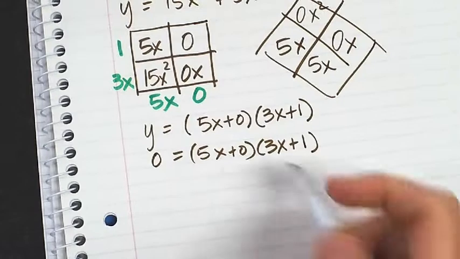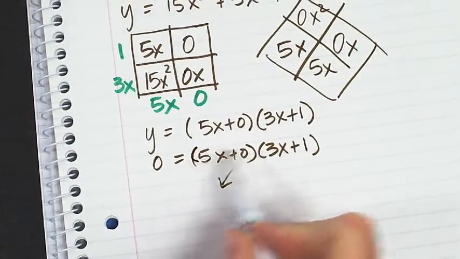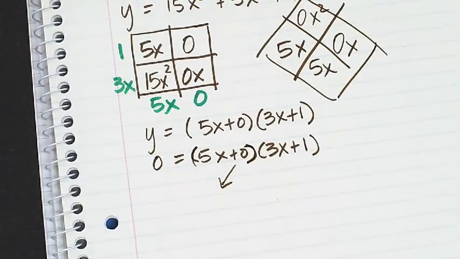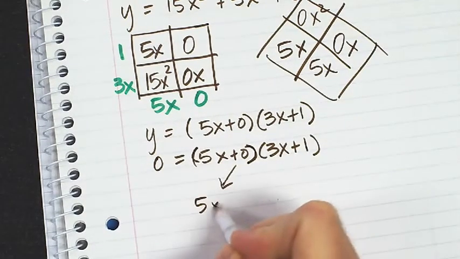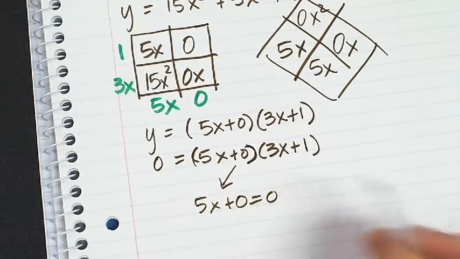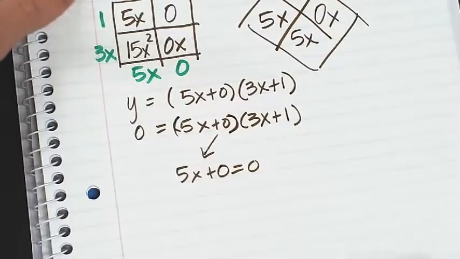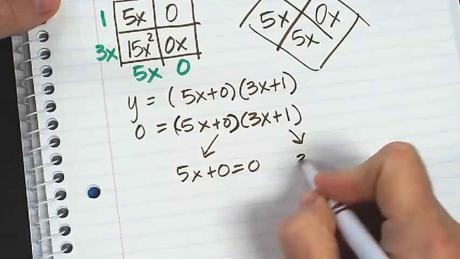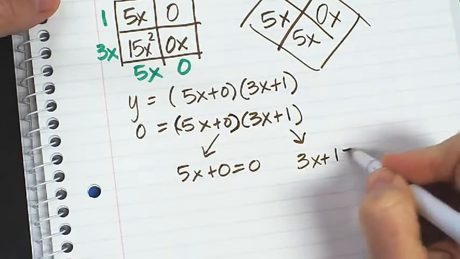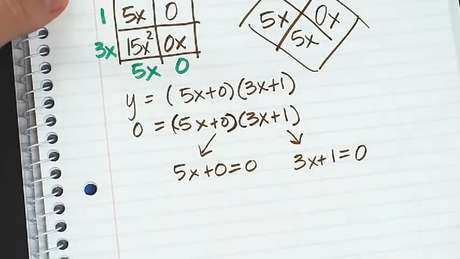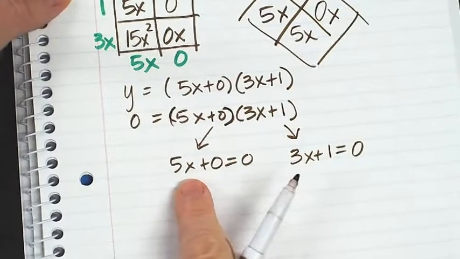And then using the zero product property, if you have two quantities that are being multiplied to give you 0, then you know one of those quantities must be 0, or both are 0. And parabolas usually have two x-intercepts, so chances are it's both.